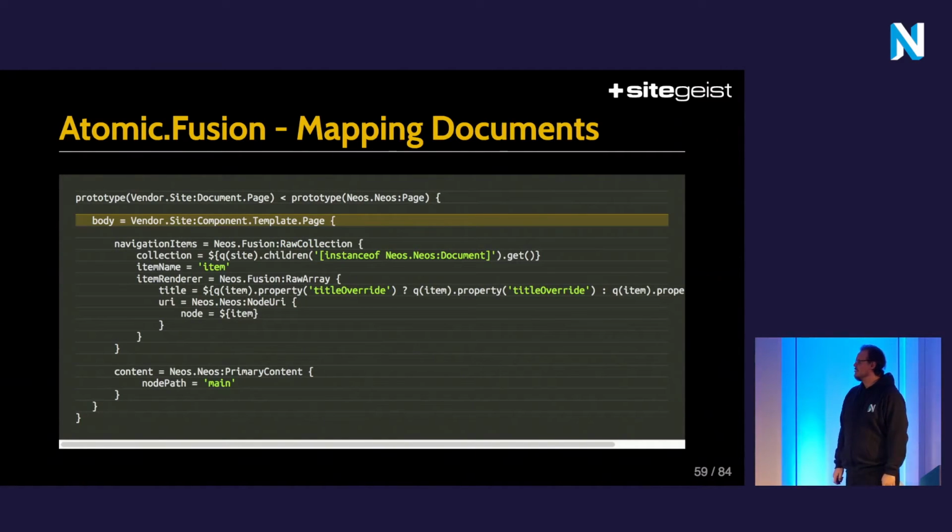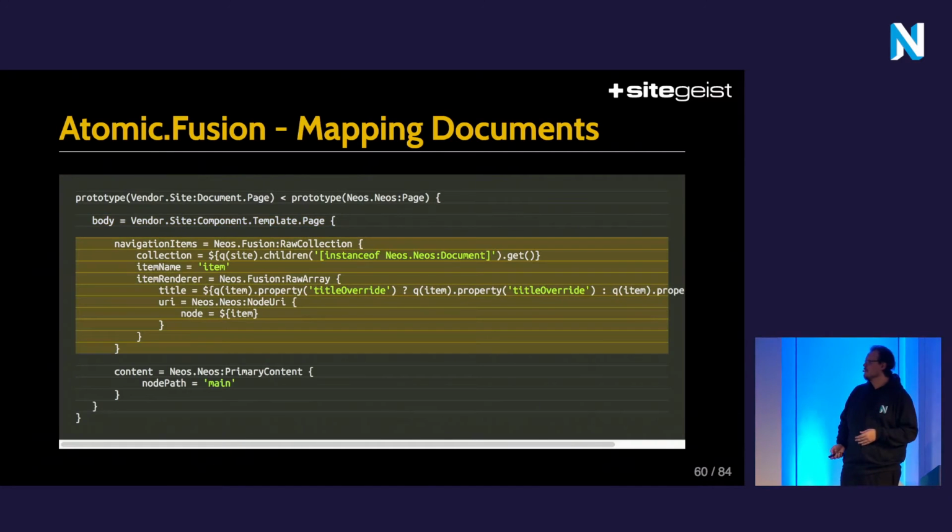This is another example. This is how we used to render pages. We just take the Neos page prototype, the standard prototype, extend it, and overwrite the body with a big template component. In this case, we throw in navigation items that we construct with this Fusion raw collection.